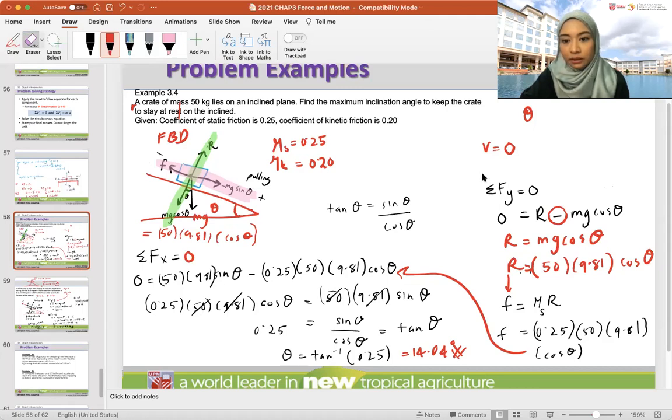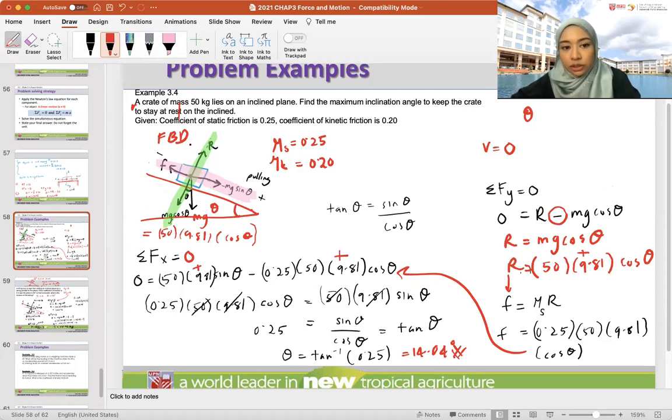Faham? Okay. I'm going to repeat myself again untuk orang yang blur. Kenapa projectile motion pakai negatif G? V squared equals U squared plus 2 minus GS. And in this case, I wrote the 9.81 as positive. Kalau tengok sini, positive 9.81.